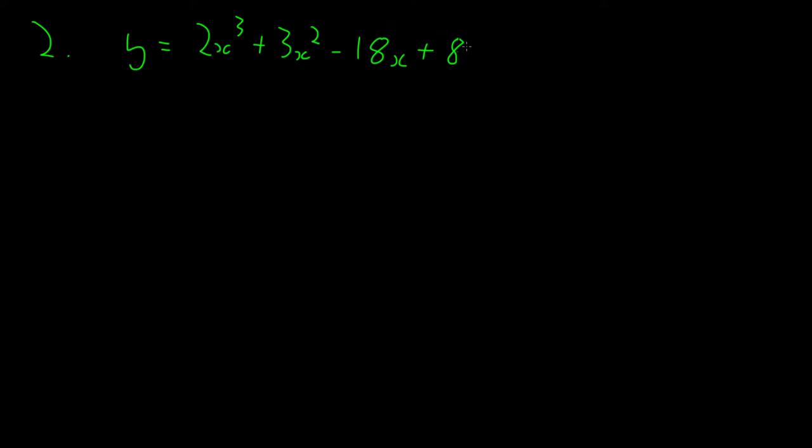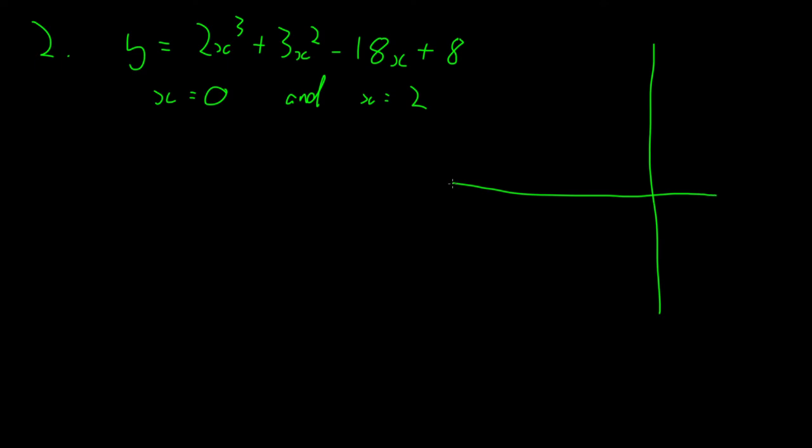And we have to find the average rate of change between 2 points, 2 x values. And those x values are 0 and x equals 2. So I find it easy to graph this question because we've got to be able to visualize it. So here I'll draw a little thing here.